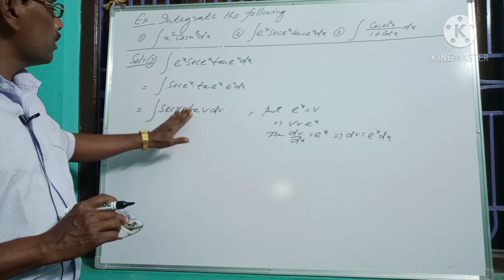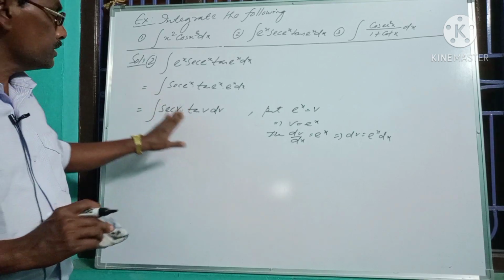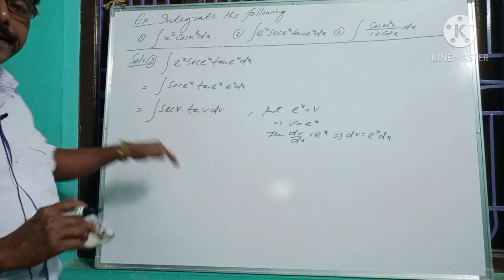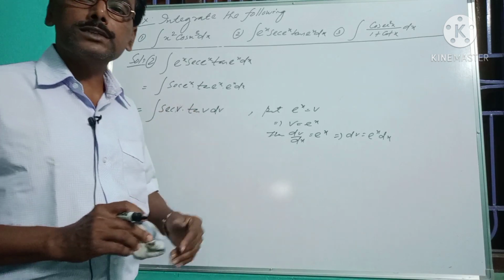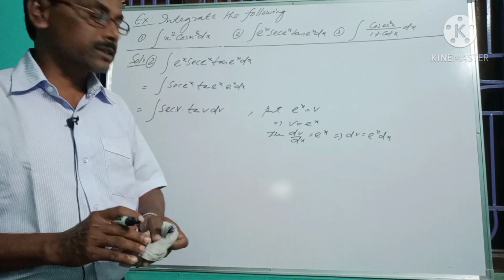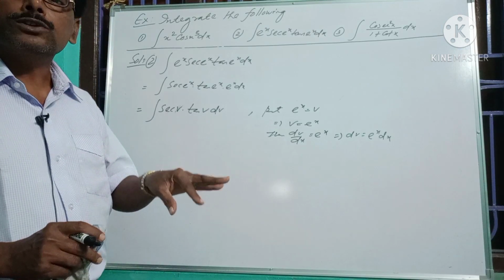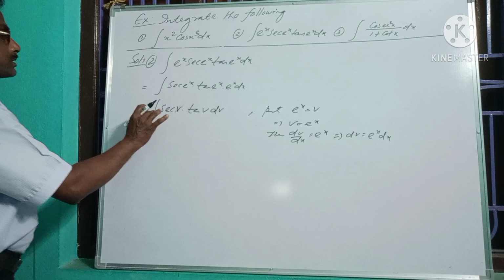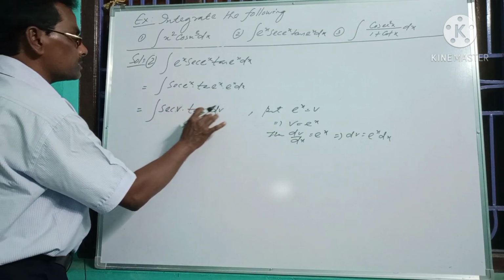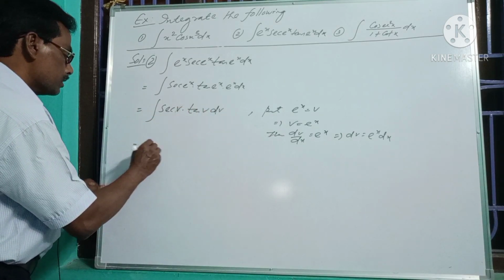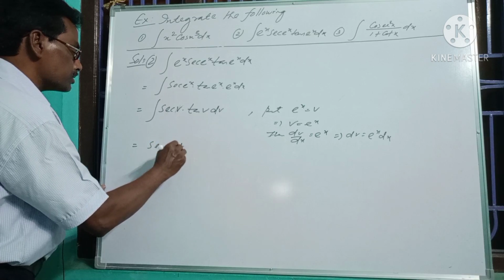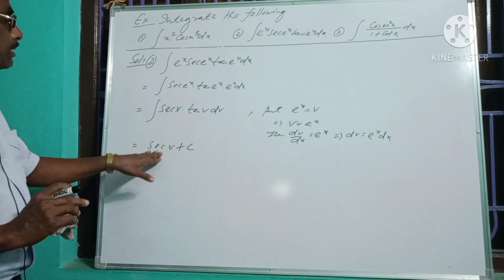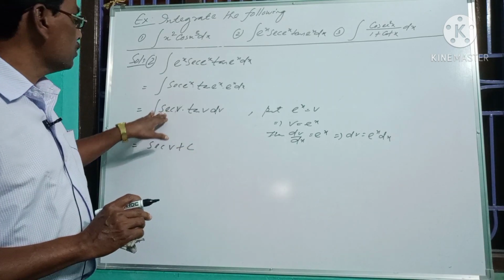Now the function is easily integrable, because we know that integration of sec x into tan x with respect to x is equal to sec x plus c. So using that standard formula we can integrate sec v and tan v with respect to v as sec v plus c, because the derivative of sec v plus c is equal to sec v into tan v.